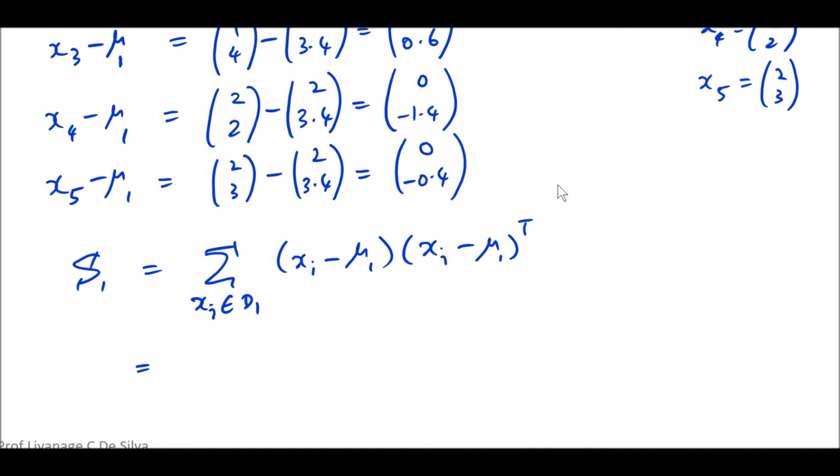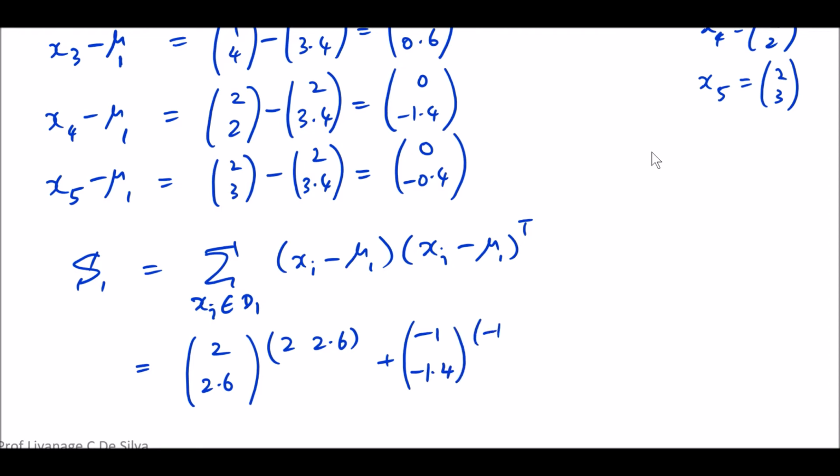We have all the values. Now we need to multiply and then do the addition. The first vector, x1 minus mu1, is 2 and 2.6, times its transpose, plus x2 minus mu1, minus 1 and minus 1.4, plus x3 minus 1.6 times minus 1.6, and so on.